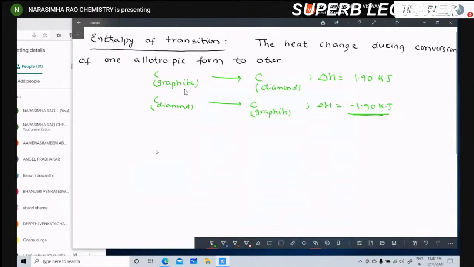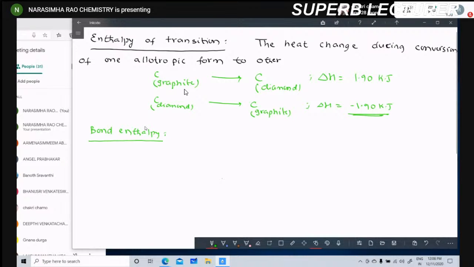Right. Next, bond enthalpy or bond dissociation enthalpy. What is bond enthalpy or bond dissociation enthalpy? Let me discuss. Bond enthalpy: the standard enthalpy of a reaction related to bond enthalpies of reactants and products in the gas phase.